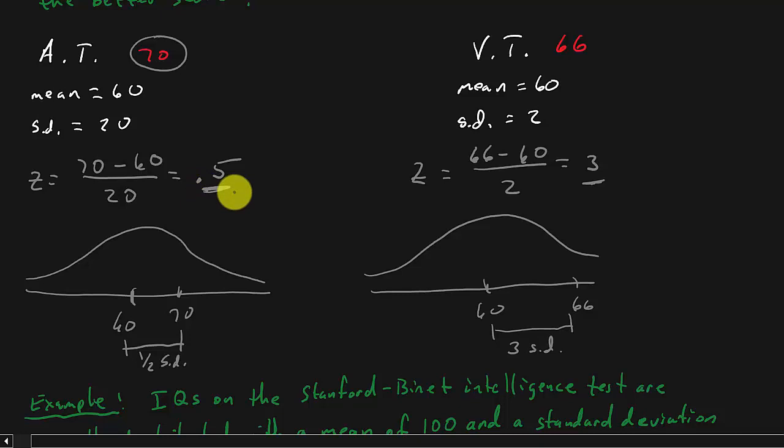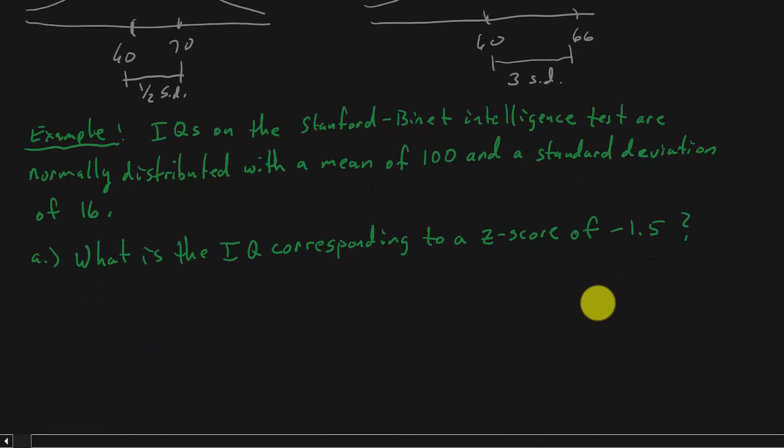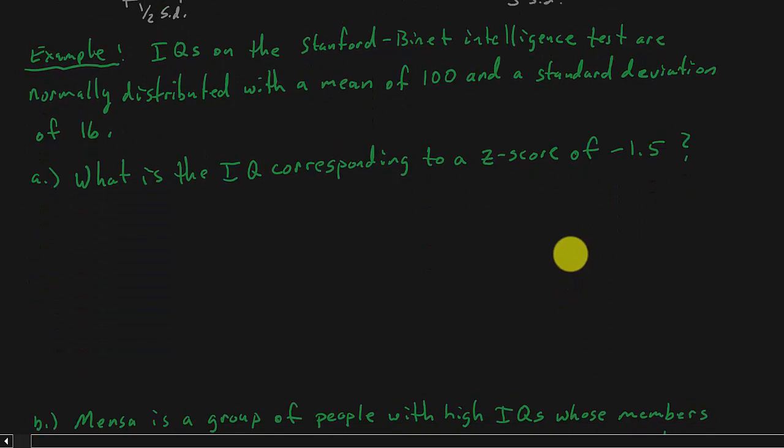So we can see that the student did much better on the vocabulary test, 3 standard deviations above the mean versus half a standard deviation above the mean. Okay? So that's how we can look at things with standard deviations and z-scores and all that good stuff.